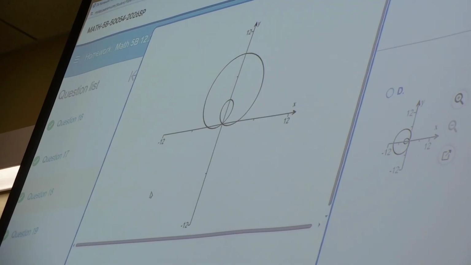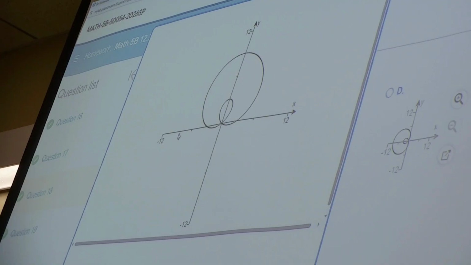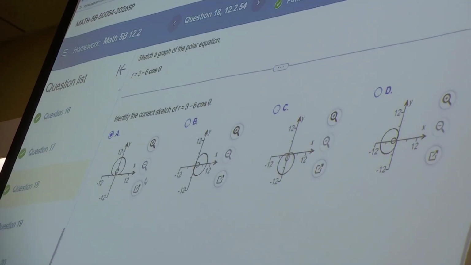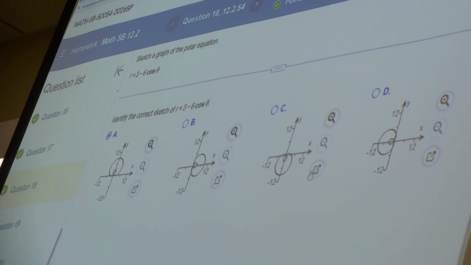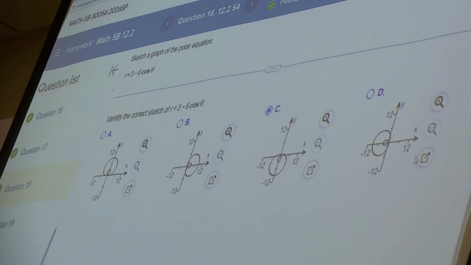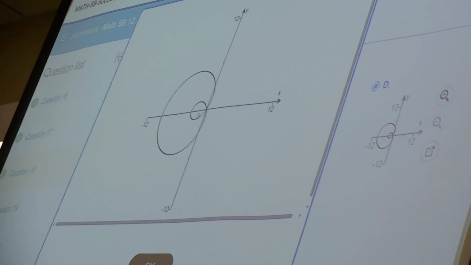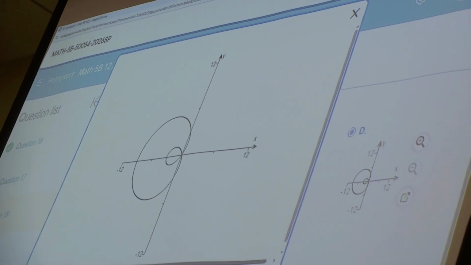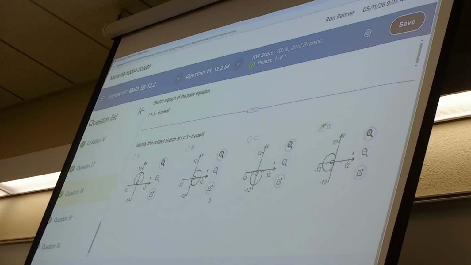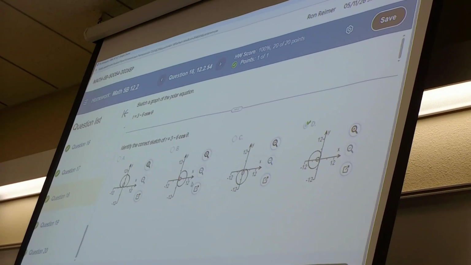Is that on there? Pi takes us over here, 9 is going to take us out here. Not on there, is it? It's 180 degrees. A's out, B's out. Is C a chance? No. It's got to be D, right? Pi, 9. Nice work. You okay with that?